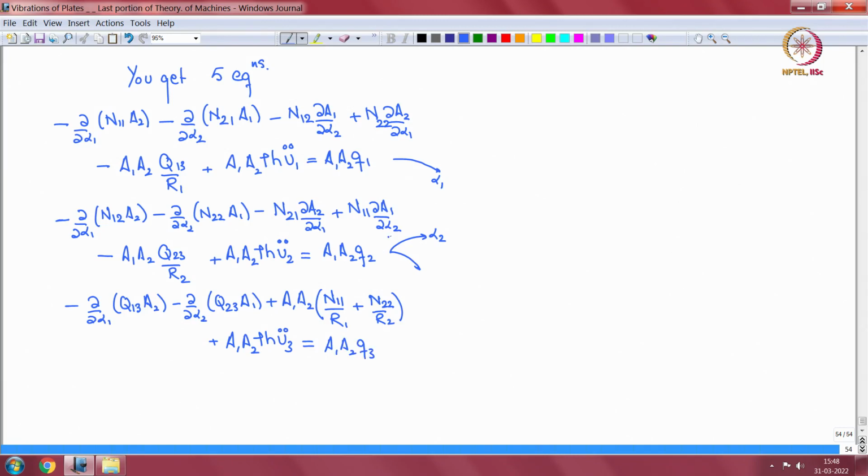So this is the alpha 3 equation of motion, in the alpha 3 direction.